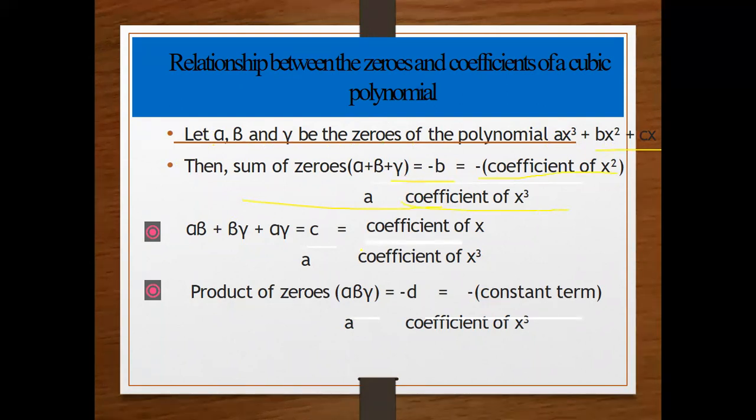Then alpha beta plus beta gamma plus gamma alpha is equal to c upon a, that is the coefficient of x upon the coefficient of x cube. Now the product of zeros, alpha beta gamma, is equal to minus d upon a, that is minus the constant term upon the coefficient of x cube.